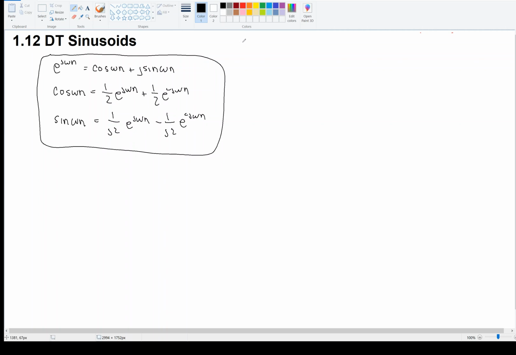We're going to say in discrete time, frequencies differing by a multiple of 2 pi are identical.